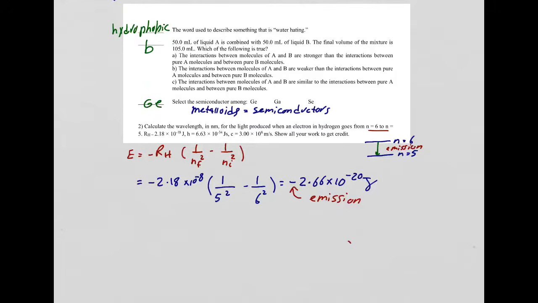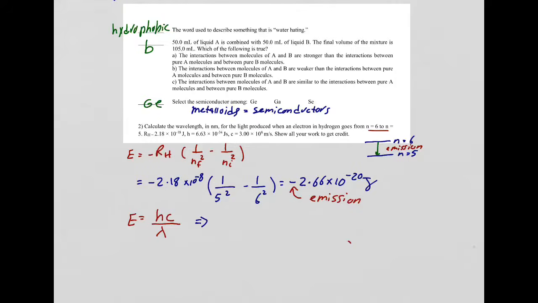Now, in this question, they ask you for wavelengths. Again, every time you see energy level, this is the only equation you know that has energy level. Plug it in. Now, they don't want energy, they want wavelengths. Here's the equation that relates energy and wavelength together. Now, we're going to plug it in to get what we want.